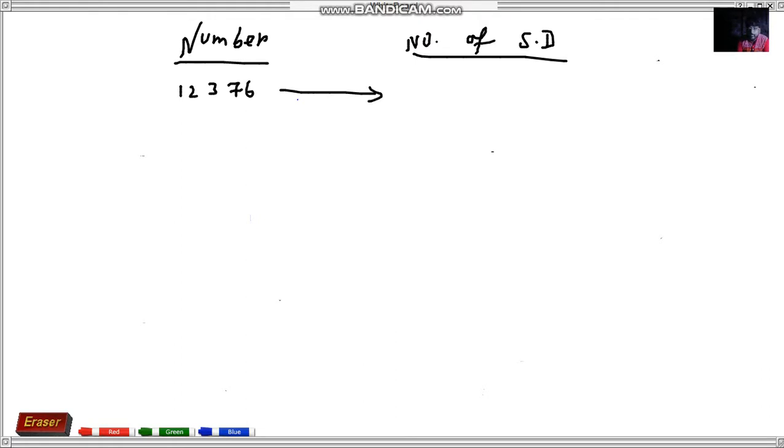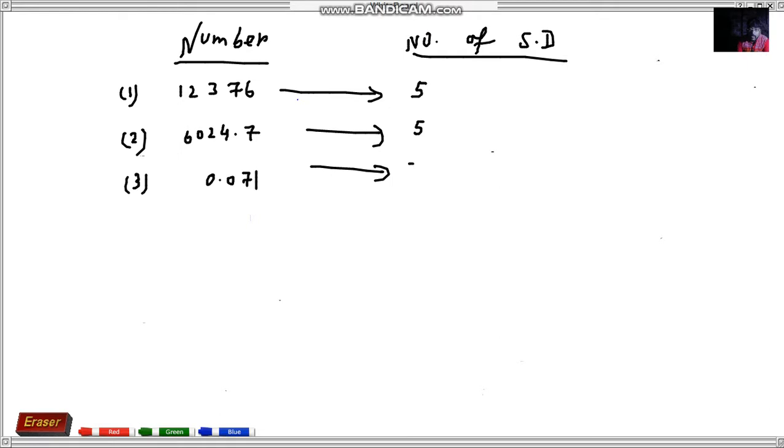This was rule number 1 actually: all non-zero digits are significant, as I said earlier. The second one is 6024.7. Here 1 2 3 4 5, so here it will also be 5. Now number 3, here is 0.071, so the number of significant digits is 2 because the zeros are at the left side.